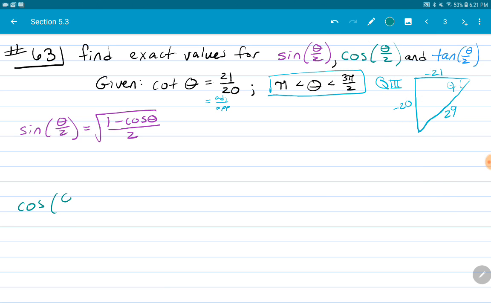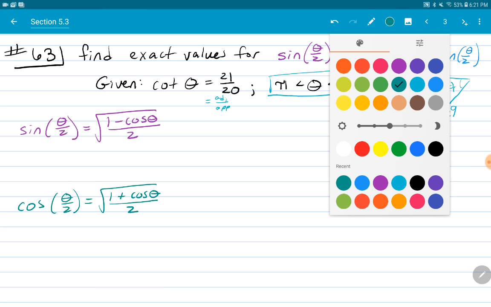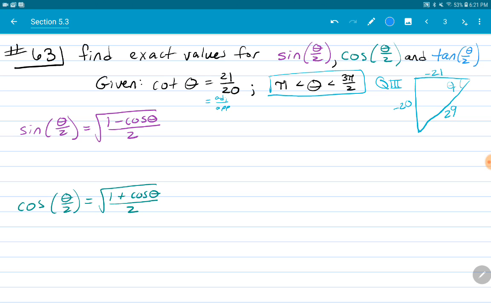Cosine of theta over 2 is the square root of 1 plus cosine of theta over 2. And for the tangent, we do have a half angle identity, but as long as we're finding sine and cosine anyway, it tends to be easier to just use that relationship with tangent. So I think we'll try that and see how it goes.